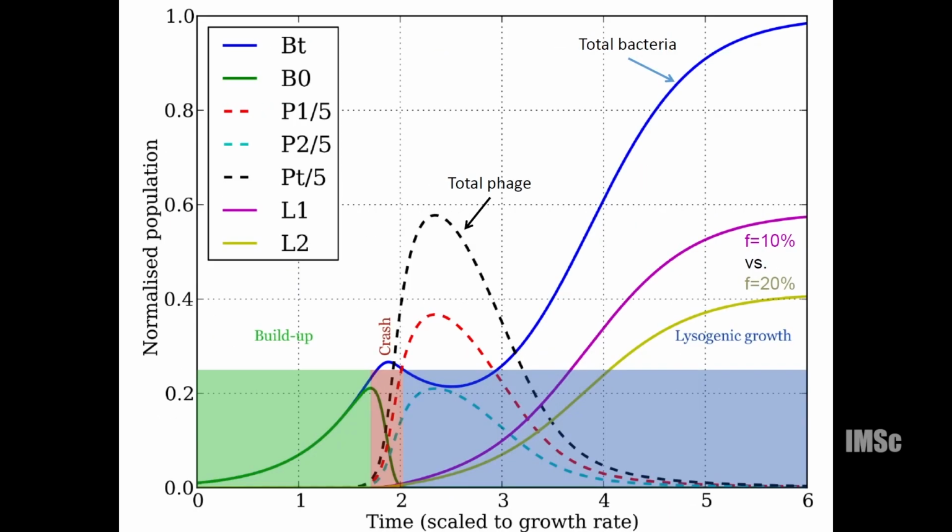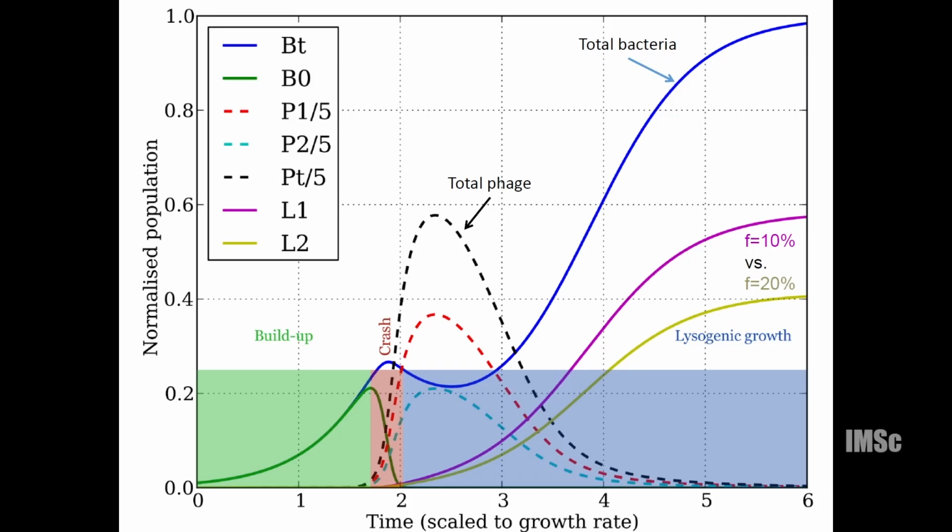So let me give you an example of what happens in this dynamical system to the populations over time. We start with a very small number of bacteria in their exponential growth phase. There's plenty of food for the bacteria to grow, and you infect them with an even smaller number of viruses.